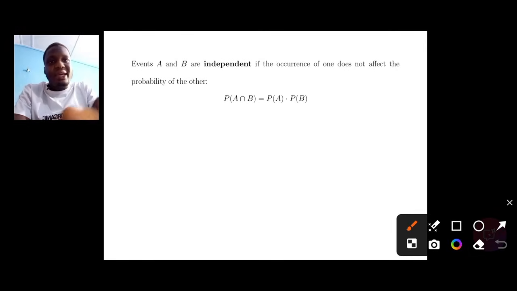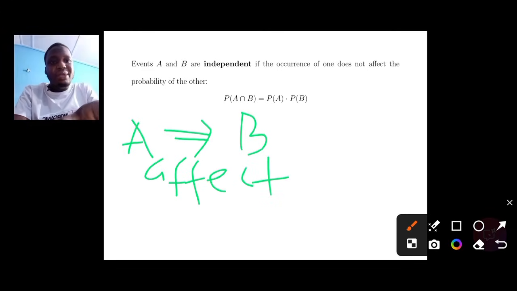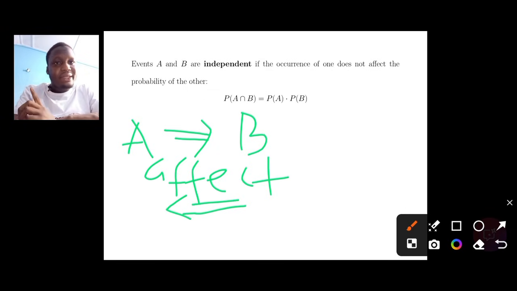The matter is that A occurring does not affect B. And B occurring does not also affect A. Take note. Independence: the occurrence of the first event does not affect the occurrence of the second event, and the occurrence of the second event does not affect the first event.